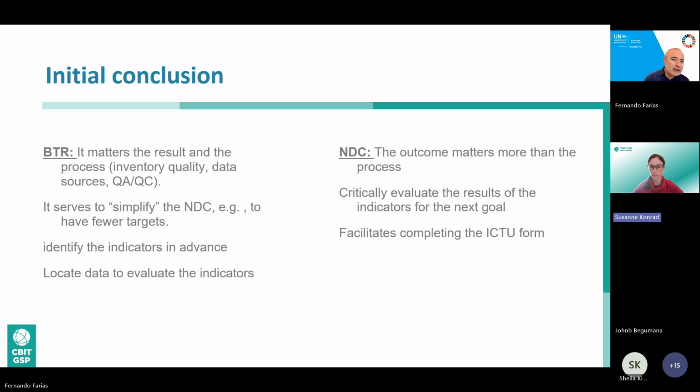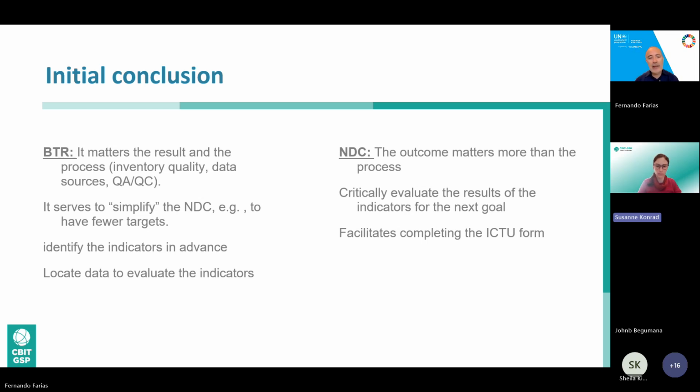The other thing that I consider useful is that indicators, as you learn from the BTR process, are useful if you have data. If you have a very good set of indicators but don't have data to assess them, then there is a diminished effect of the indicators.